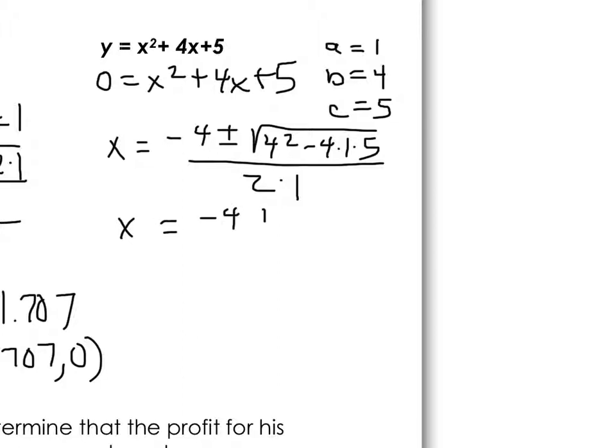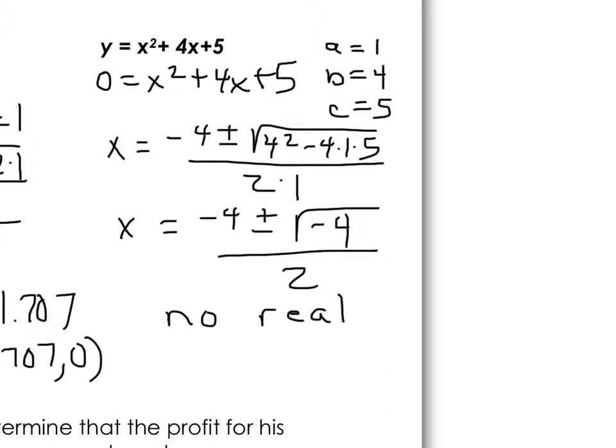Negative 4 plus or minus the square root. 4 squared is 16 minus 20, negative 4. Can we take the square root of negative 4? That's not a real number. There are no real x-intercepts.